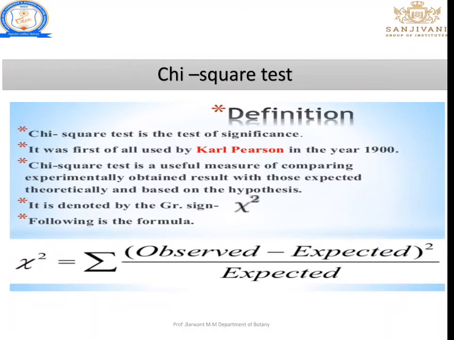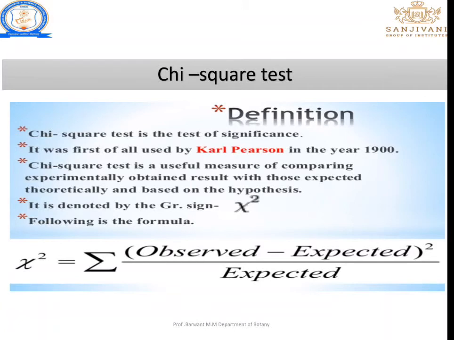The chi-square test is useful for comparing the experimentally obtained result with the expected theoretical result based on the hypothesis; that is known as the chi-square test. Let's see the formula of the chi-square test.